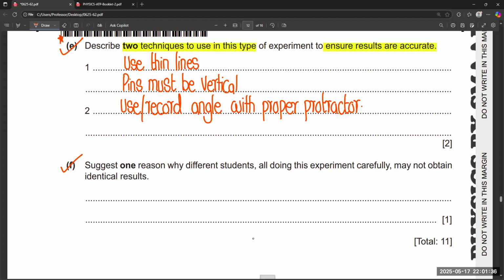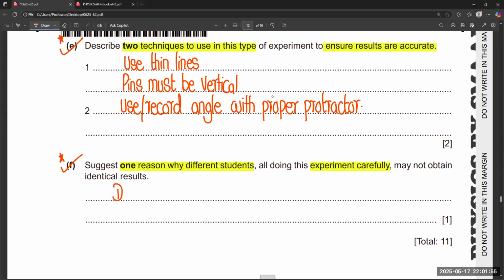And the last part, this is also repeated. Suggest one reason why different students all doing this experiment carefully may not obtain identical results. So definitely for every student, it is not easy to align all the pins.